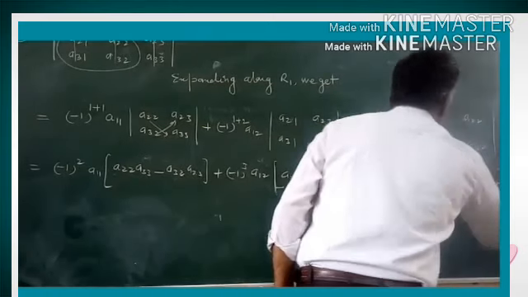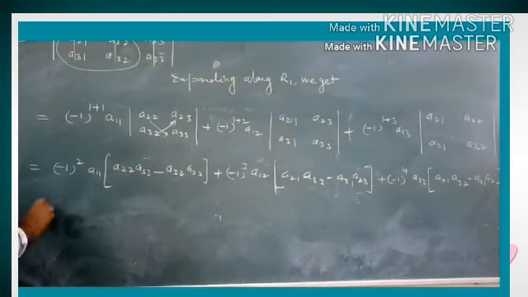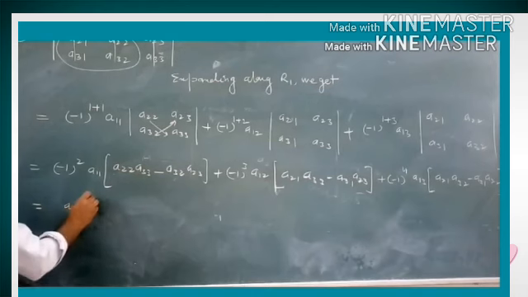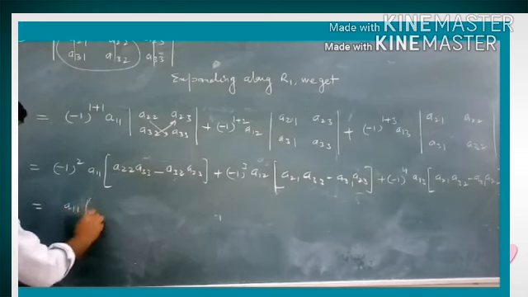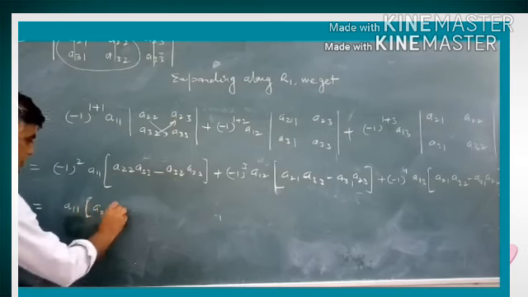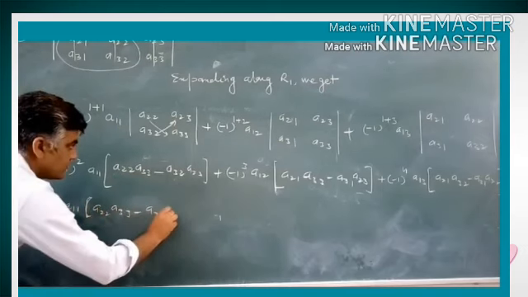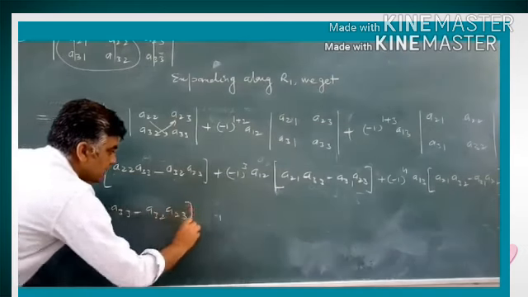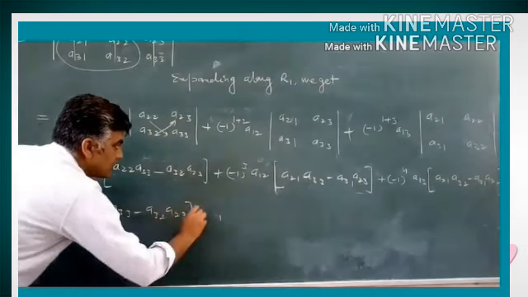(-1) power 2 is 1, therefore the value is 1. You can write here A11 into A22, A33 minus A32, A23. Here (-1) power 3 is -1, therefore the value is -1.